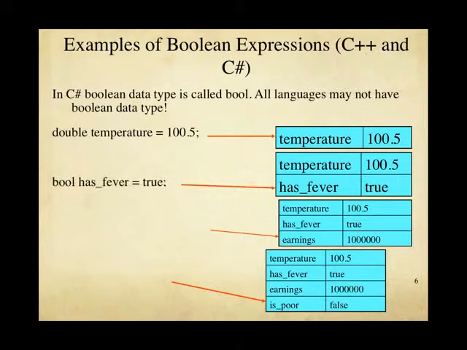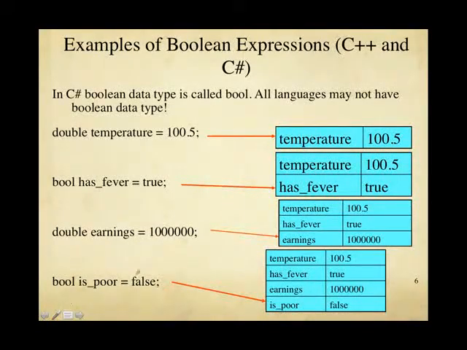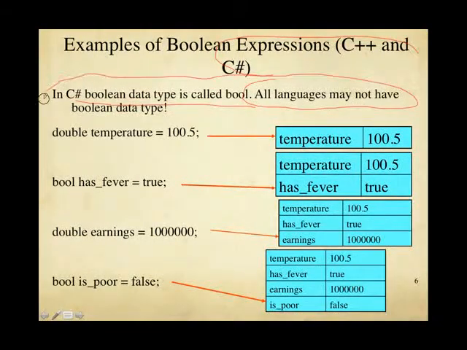Then finally, we talk about Boolean expressions. It's the same data type in C++ and C#. In C#, the Boolean data type is called bool. Be careful, all languages may not have a Boolean data type. In all cases, declarations and the RAM map are shown simultaneously.